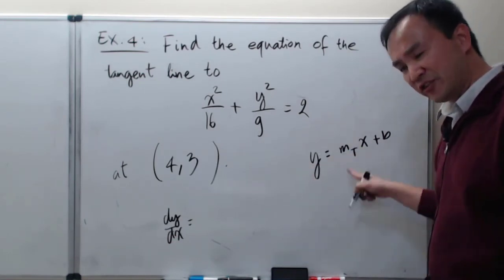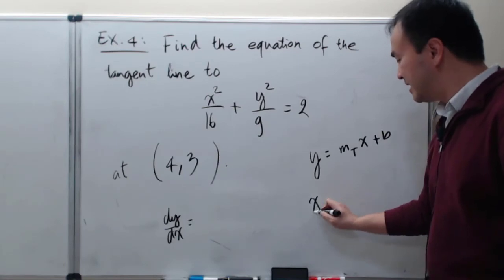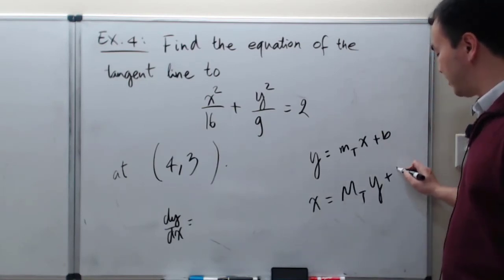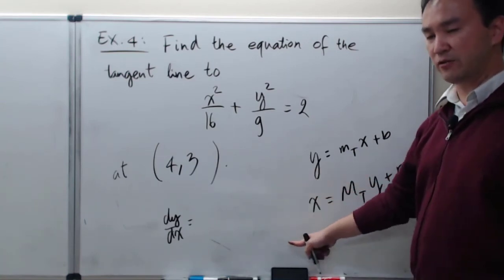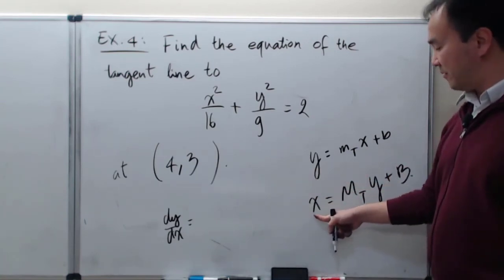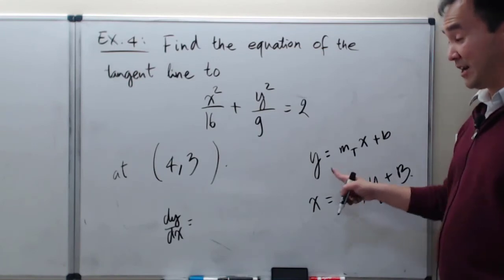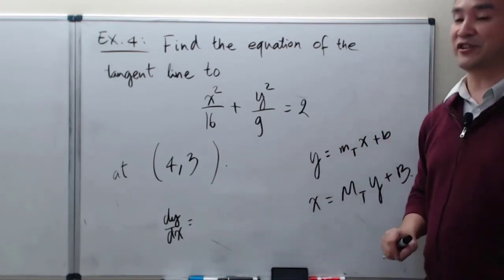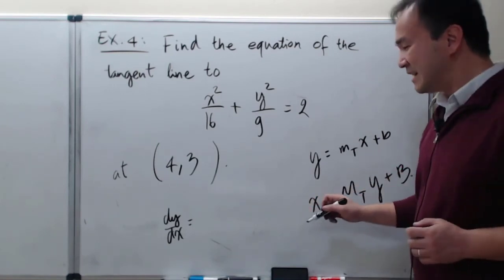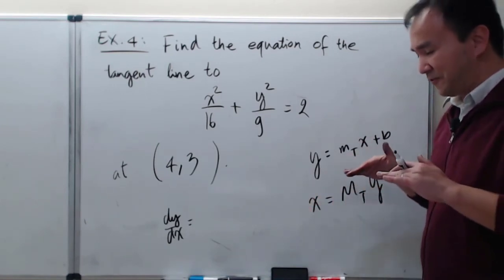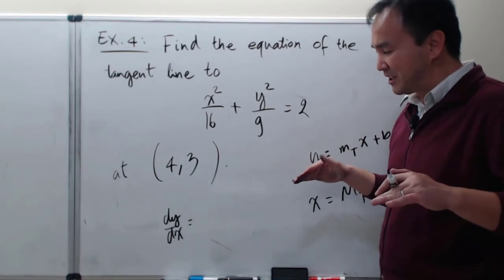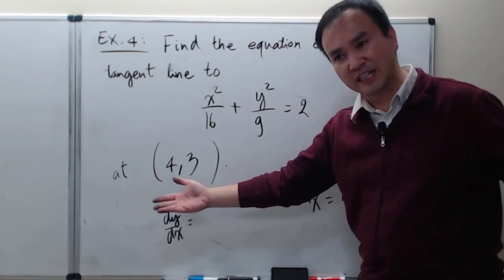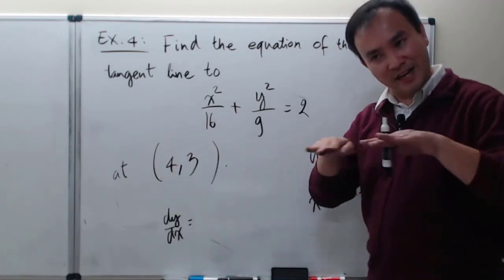The same tangent line can also be written as x equals a different slope, m sub T, times y plus b. If you are attempting to write your equation in the form of x as a function of y, then you start out by finding dx/dy. You may ask why it has to be dy/dx when we can also find dx/dy.